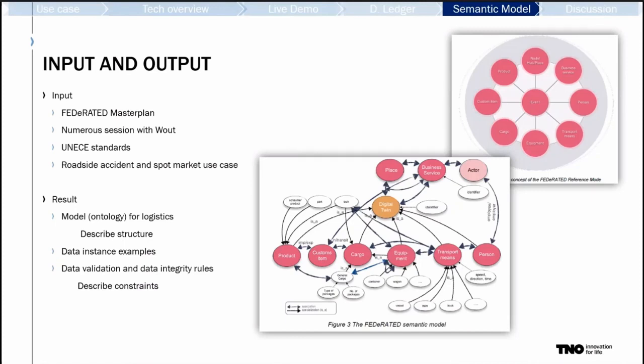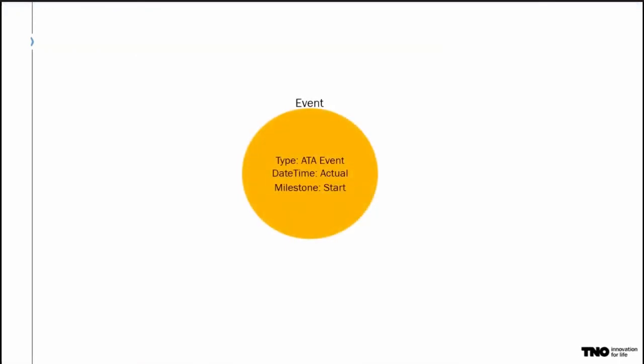But first, I'll give an example of an event. An example of an event that may be put on the ledger is an actual time of arrival event, an ATA event, which we can see here. And it is an ATA event because it has milestone start and the datetime actual.